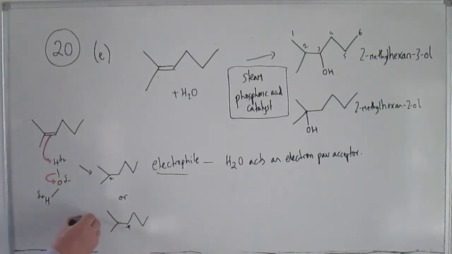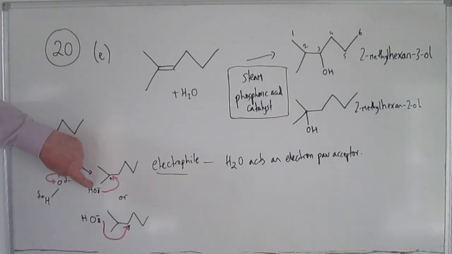and the OH will become OH minus. In reality, it's not quite as simple as that because the catalyst gets involved here, but let's just ignore that for the sake of simplicity here. And then in the second stage, that OH minus ion will attack the positively charged carbon like that.